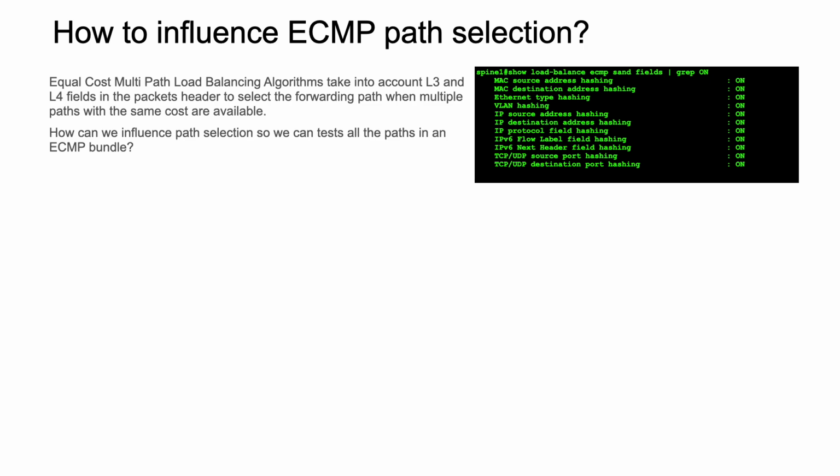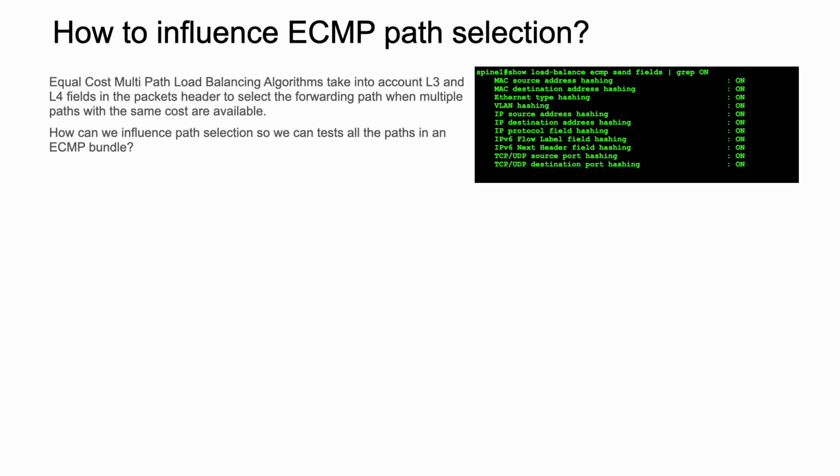Packet allocation happens per flow, which means all packets with the same set of Layer 2, Layer 3, and Layer 4 headers are assigned to the same link due to a hash calculation. Now, a few questions. Can we control ECMP path selection with purposely crafted packets?